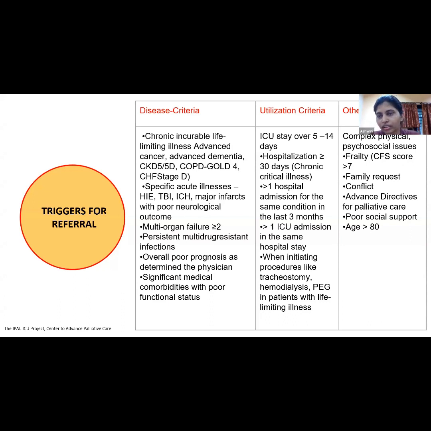Other criteria include complex physical and psychosocial issues, frailty with CFS score more than 7, family requests, conflict, advance directives for palliative care, poor social support, or age more than 80 years.